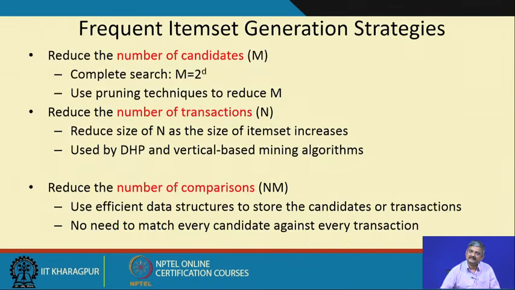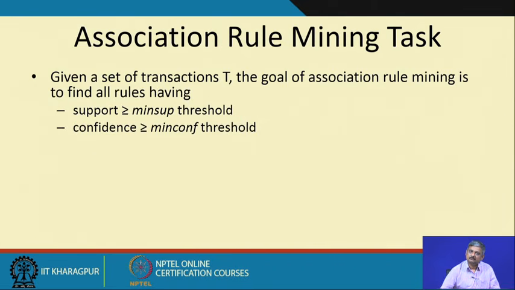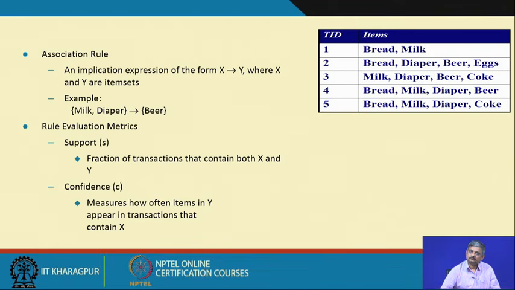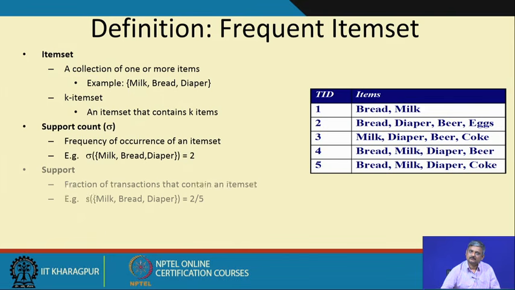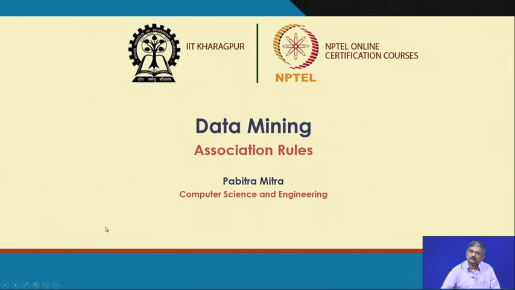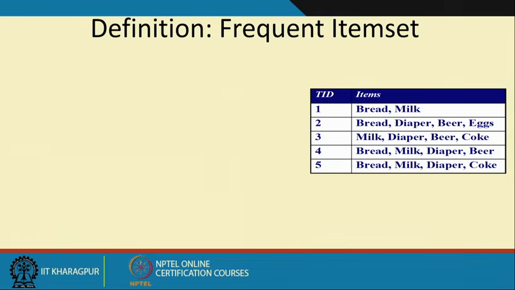Let me again explain this with an example. Suppose I consider the item set bread and milk and diaper.